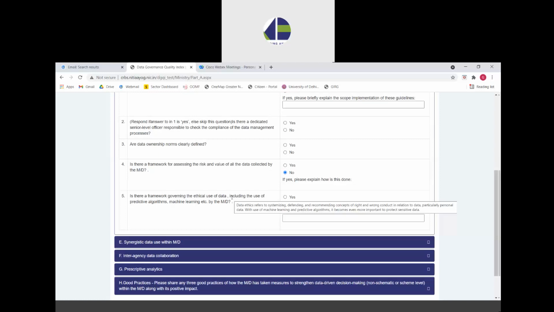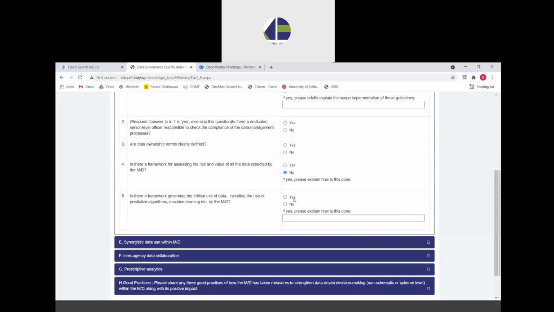So therefore, especially if the ministries are using such technologies, it is suggested that the framework covers how these technologies are to be used by the ministry. But it does not mean that the question is only relevant for those ministries which are using these technologies. The question is universally applicable, but what we are saying here is that if the ministry is using some technologies, then it should also be a part of this framework.